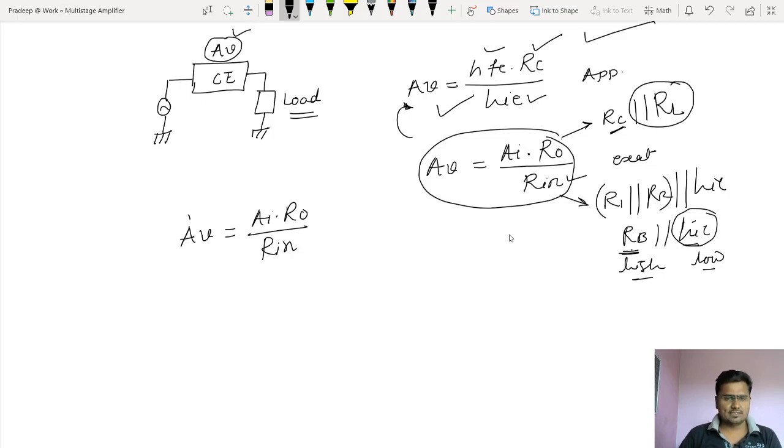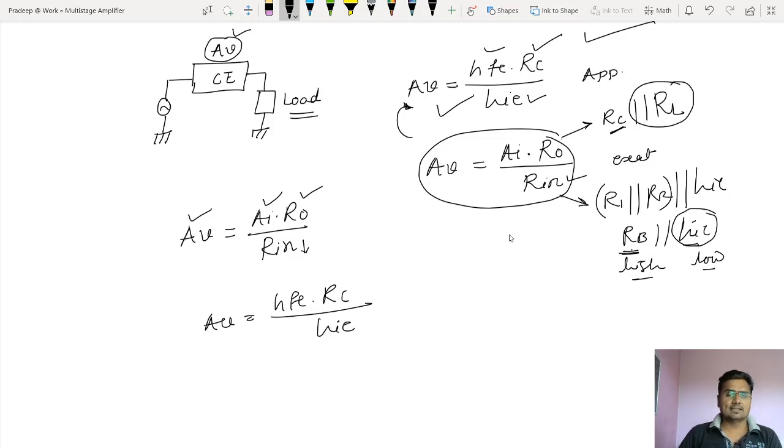It means I have to either increase the current gain, or increase the output impedance, or decrease the input impedance. So this current gain is HFE. I'll write the parallel equation.